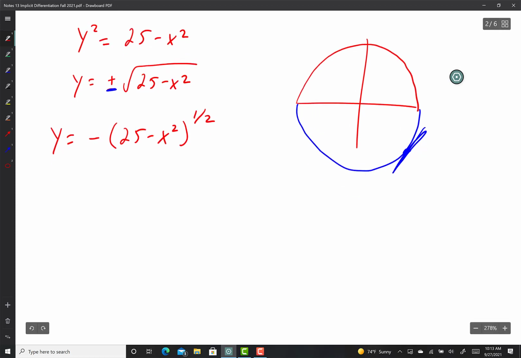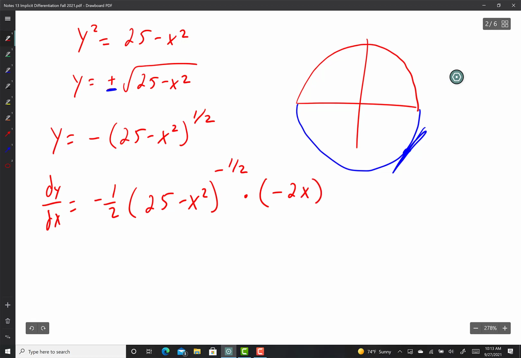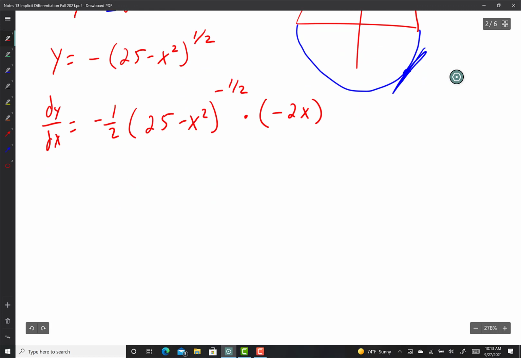So here we go. I'm finding my slope. How do I find slope? Derivative. dy/dx, or you can say y prime, equals the negative half. I'm doing chain rule. Parenthesis, 25 minus x squared, close it, to the negative half. Am I done? Times the derivative of the inside. Perfect. Negative 2x. Negative times the negative is positive, and the 2's cancel out with the half.